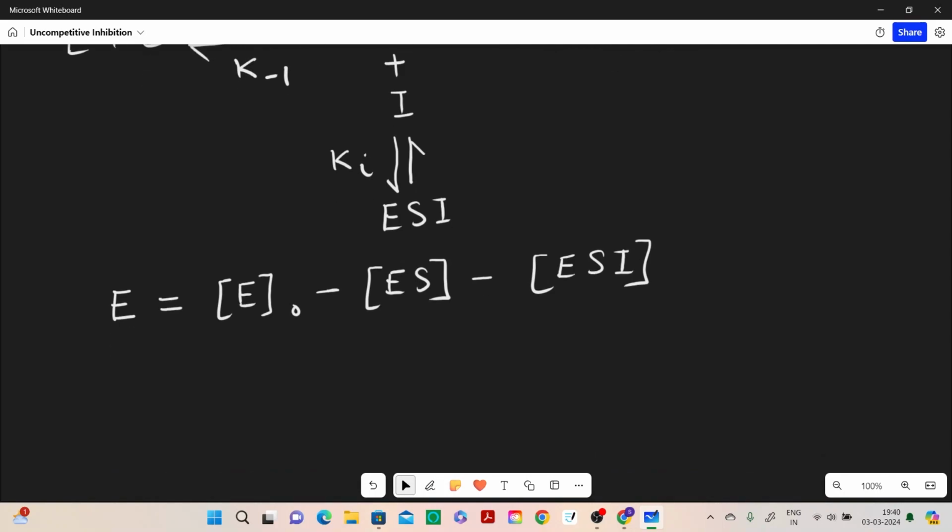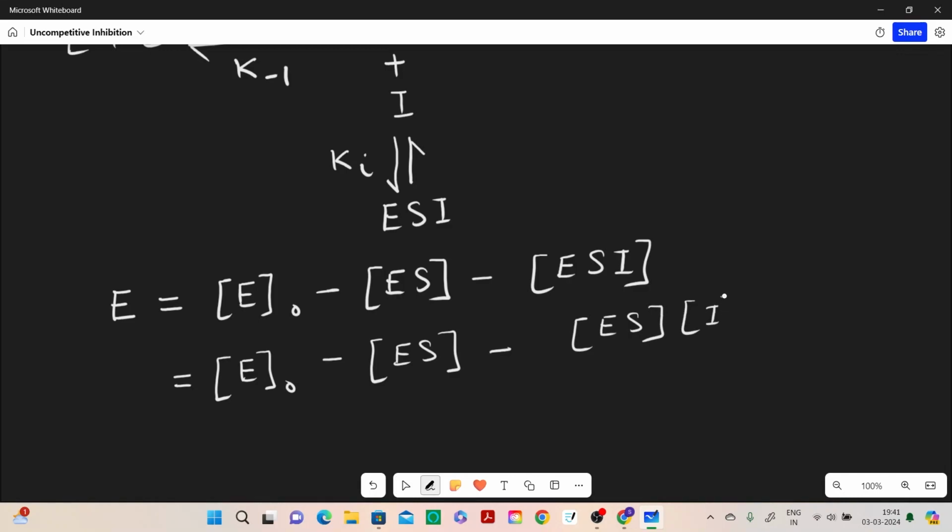Now if you have checked my video on competitive inhibition, you can know that we can write the enzyme substrate inhibitor complex part of the equation as ESI by KI.